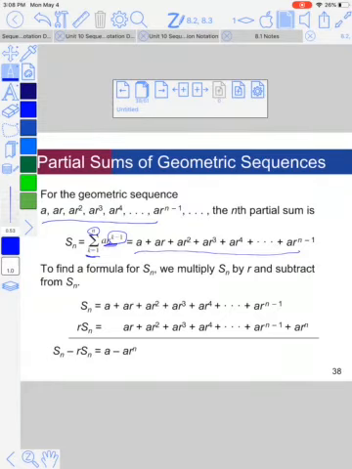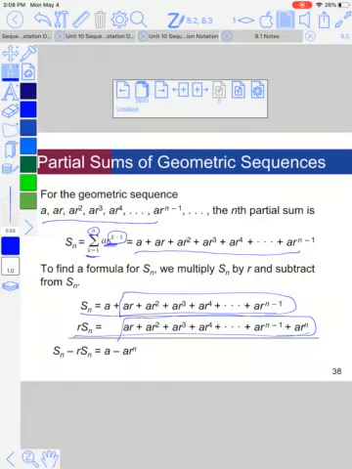Now, if you look at it, you can kind of look this through and see that this part right here is exactly the same as this part right here. Which means if you were to subtract those, we would get this equation.